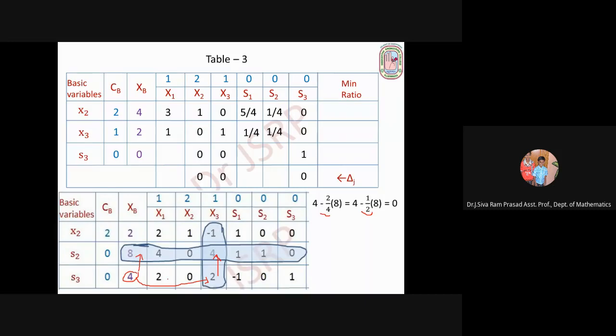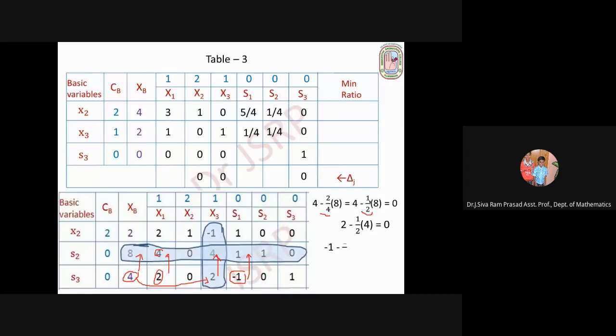Similarly, for x1, present value 2 and pivot row value 4. Just replace these two. 2, 4. 2 minus 1 by 2 into 4. 2 2s, 2 minus 2, 0. For S1, present value minus 1 and pivot row value 1. Just replace here minus 1, 1.